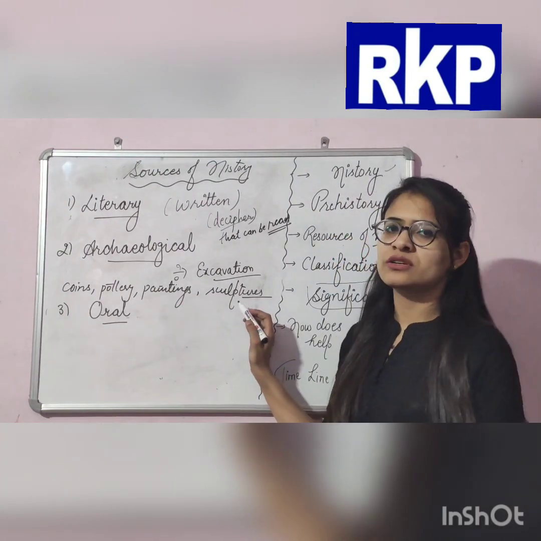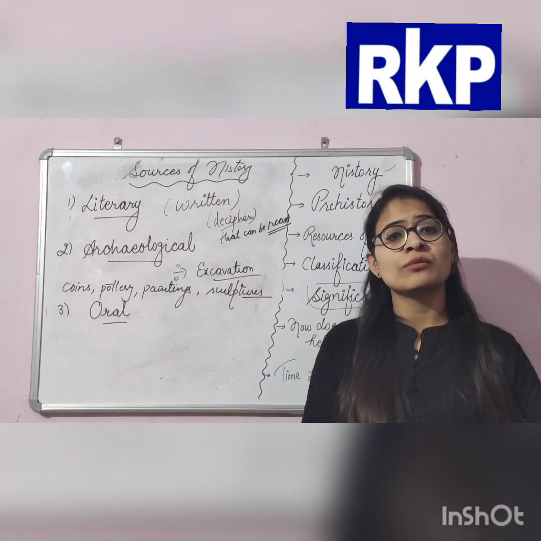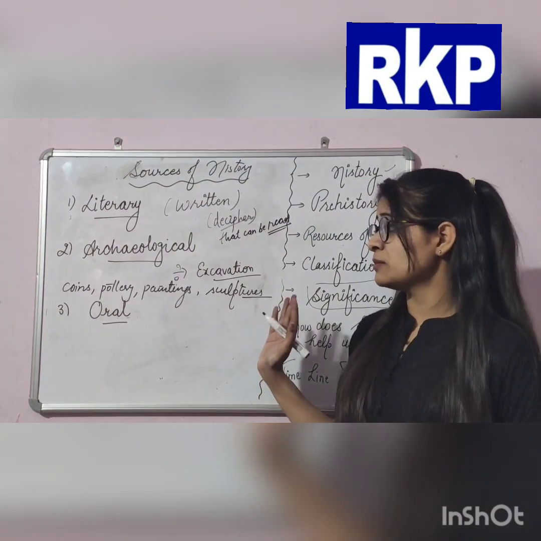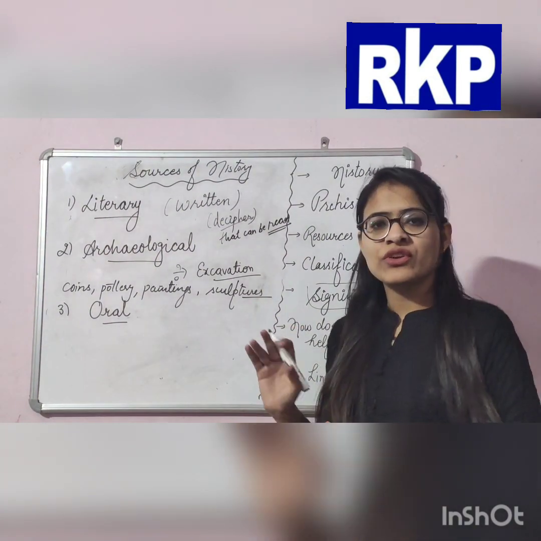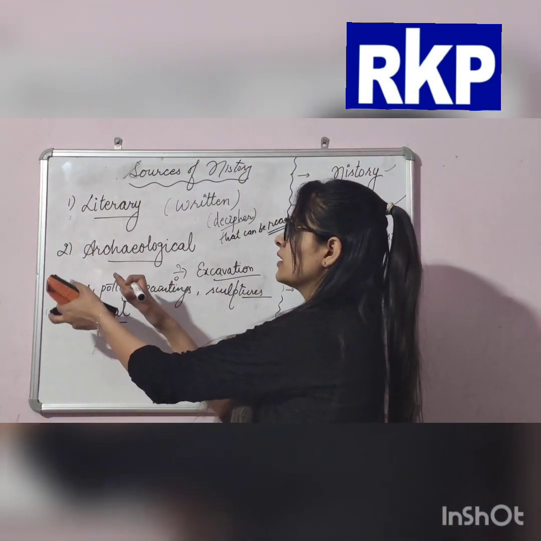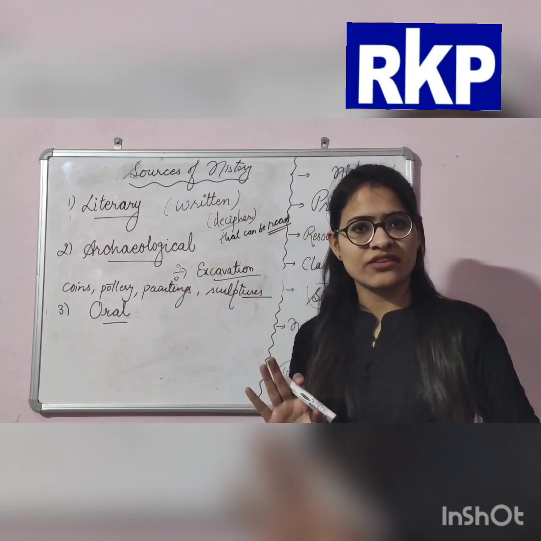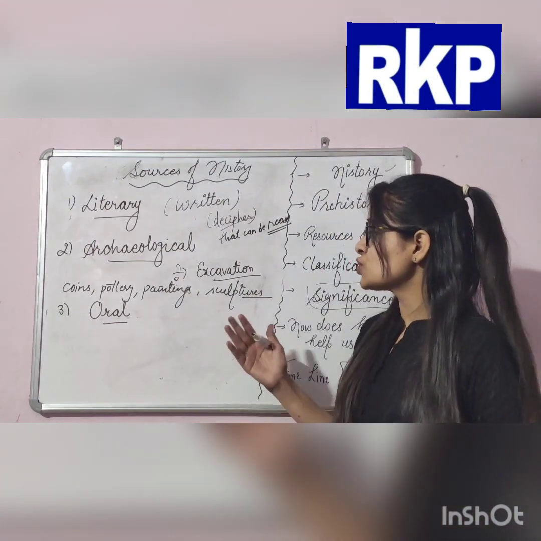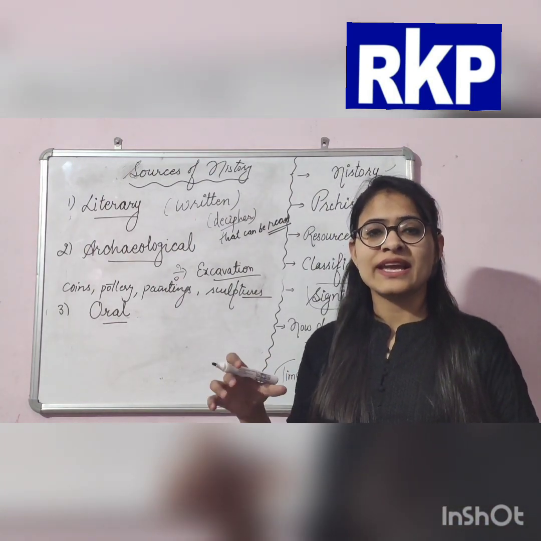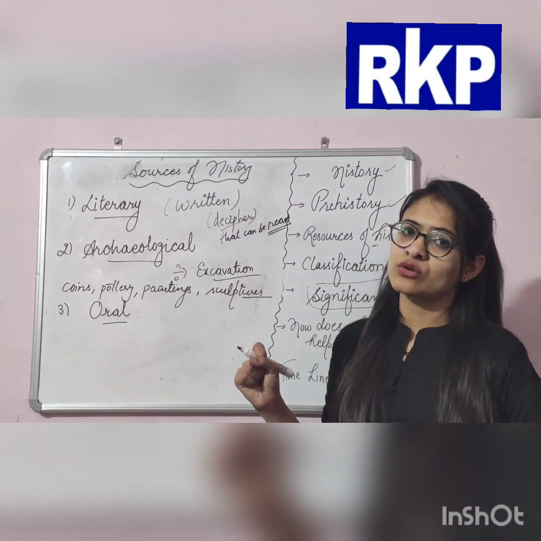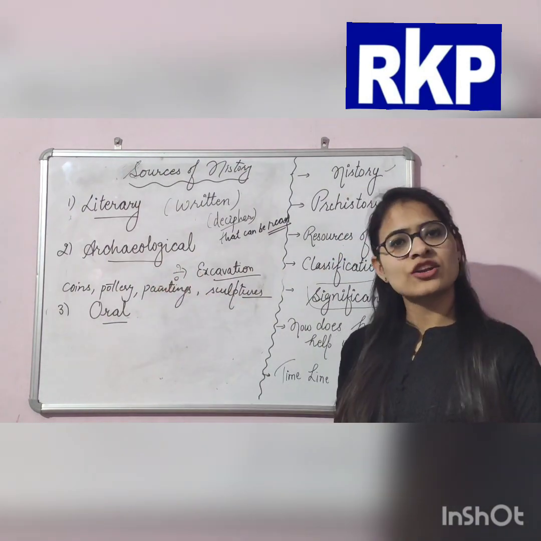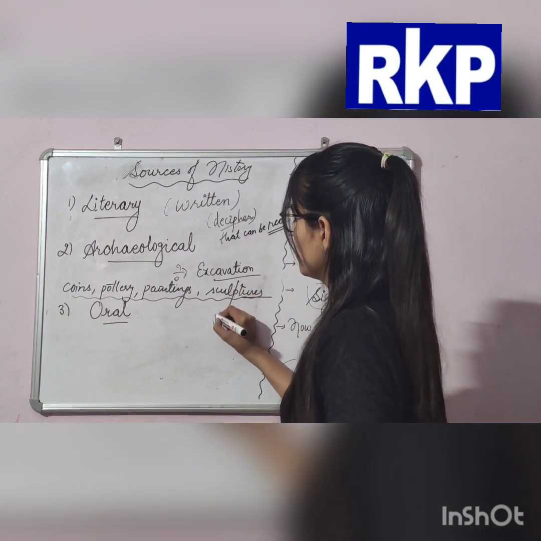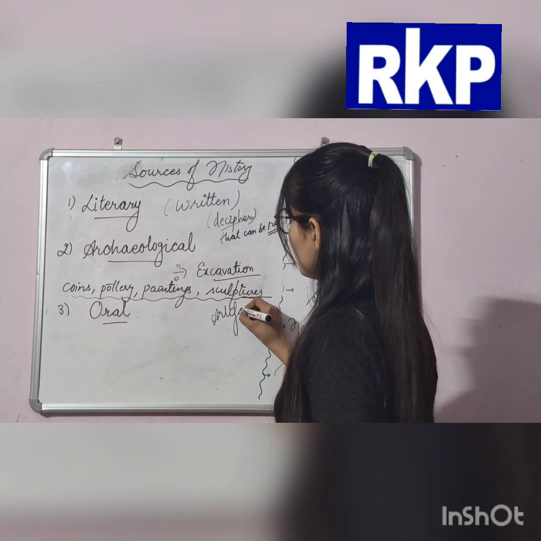Painting and sculptures. Sculptures mean making idols. What are idols? Murtiyan. So now we can term them all together as artifacts, the material or the things which we have got by excavating the earth. They are called archaeological resources. So they can all be known as artifacts.